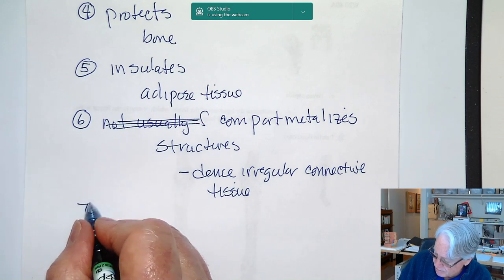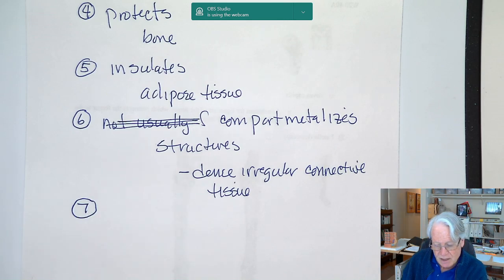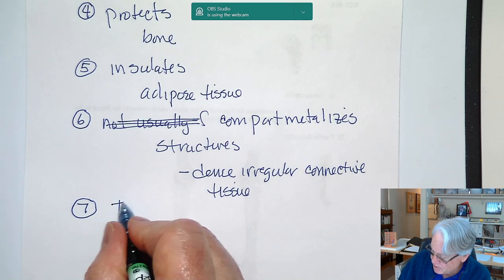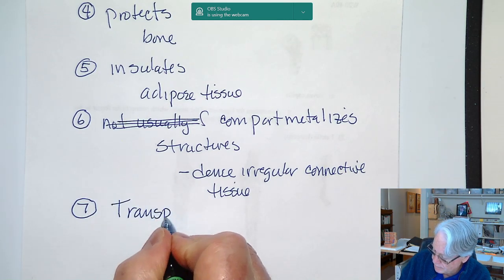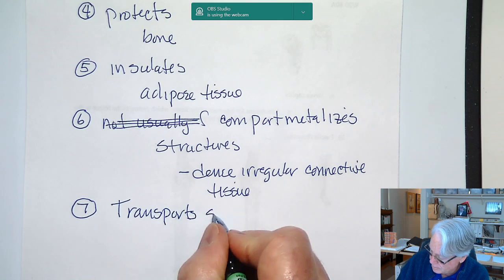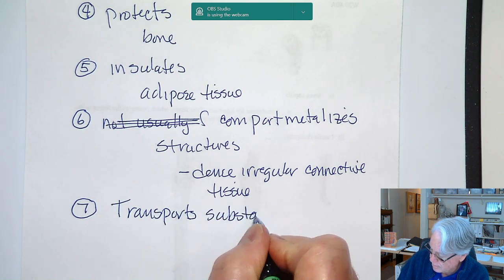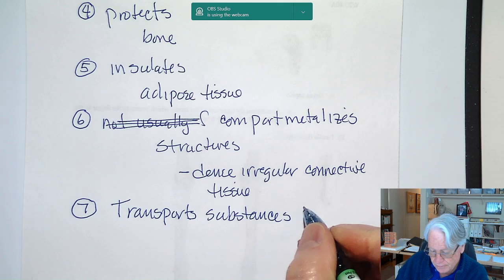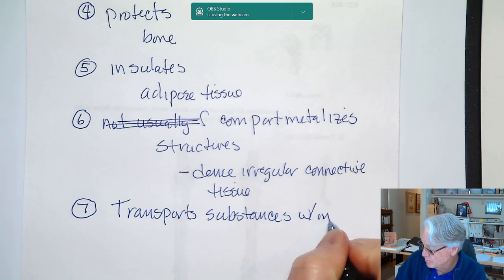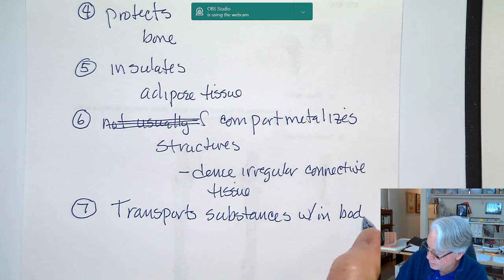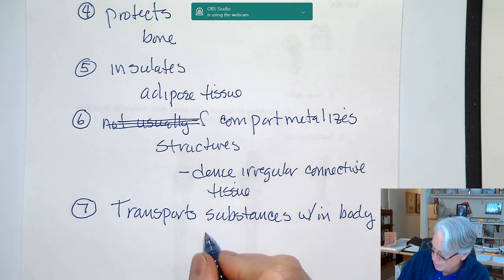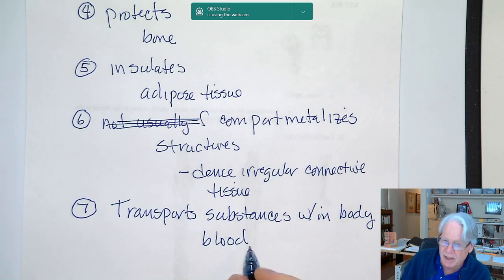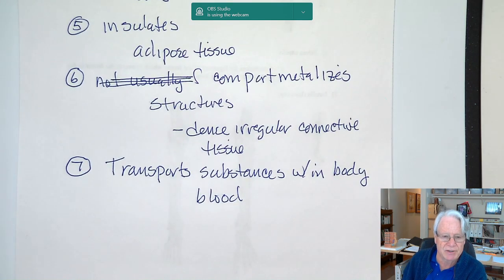Number 7, it transports substances within the body. And obviously, one of the very classic examples would be blood. That is a connective tissue.